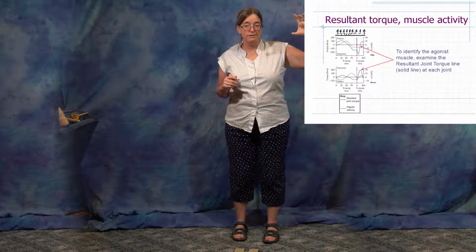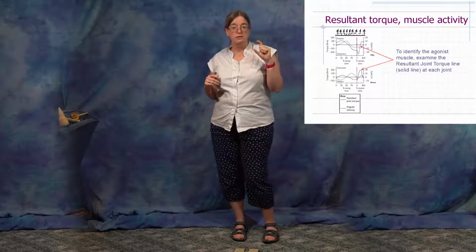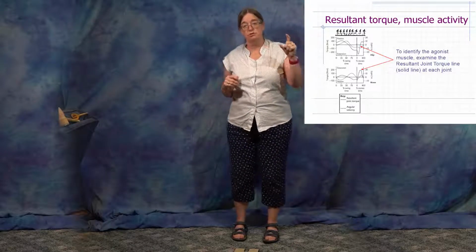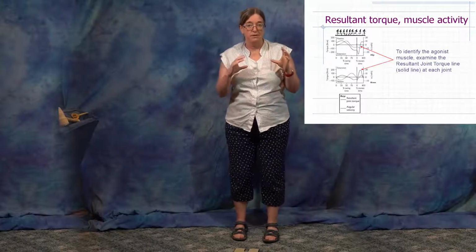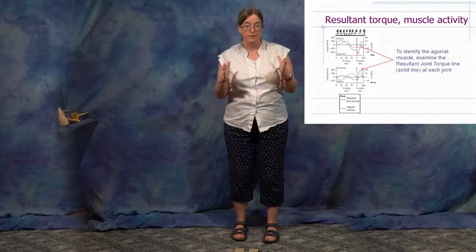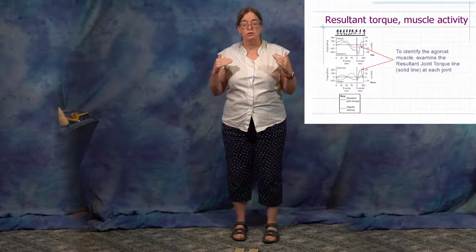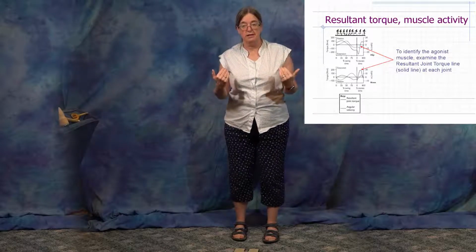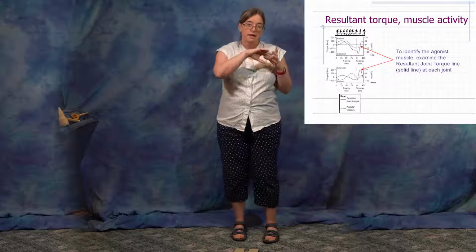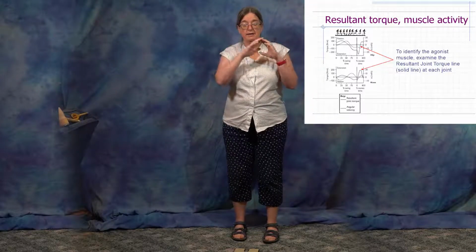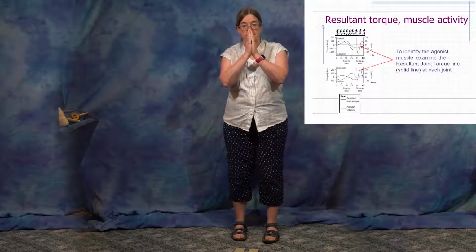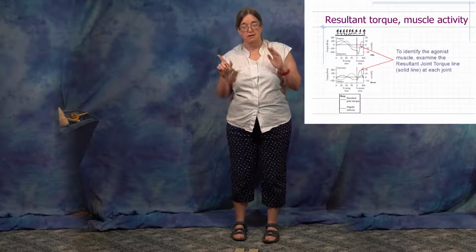Within each of those graphs, there are two separate curves. One has to do with the muscle torque, and the other has to do with the joint angular velocity. The muscle torque is the solid line curve, and the joint angular velocity is the dotted line.